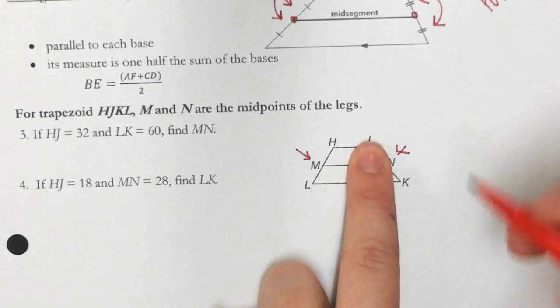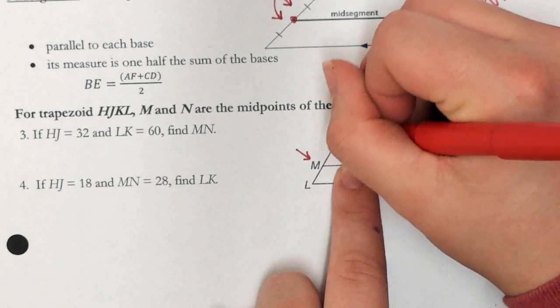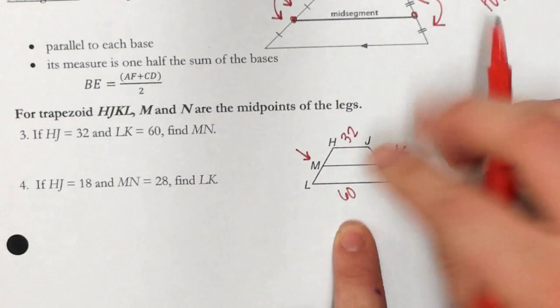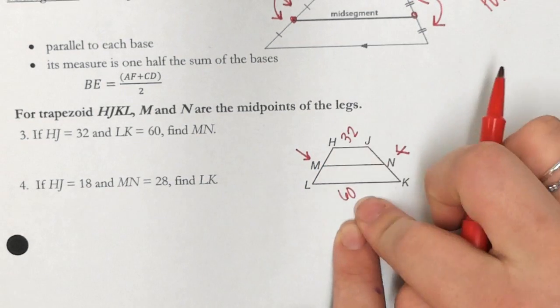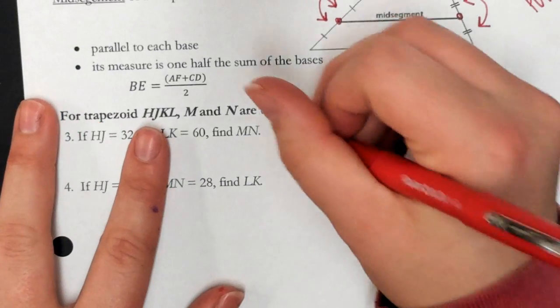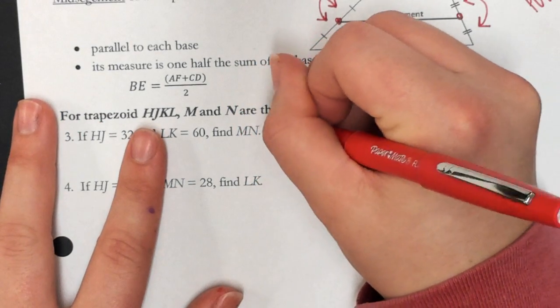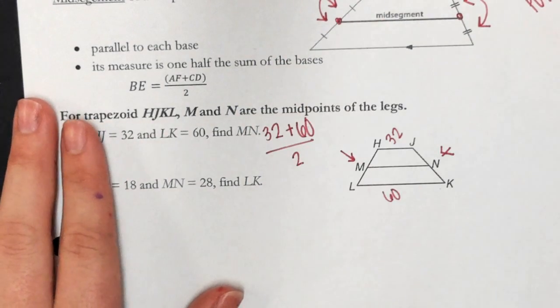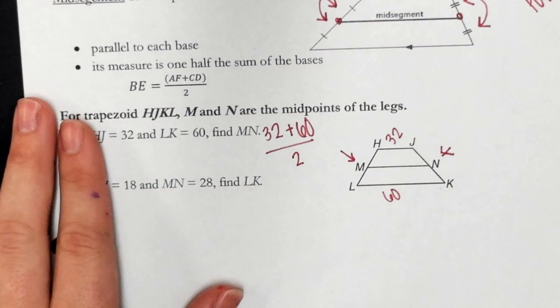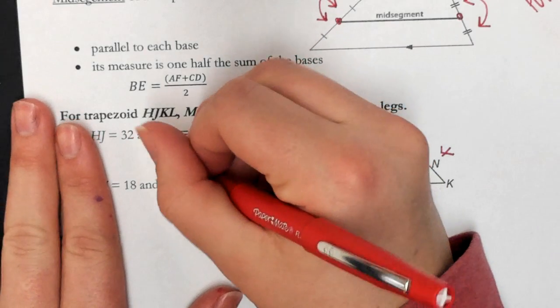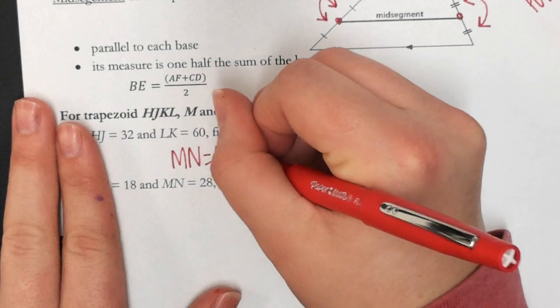So if HJ is equal to 32 and LK is equal to 60, I want to find the average between them. I want to find what MN is. So to do that, I'm going to add 32 plus 60 and divide by 2. So MN is equal to 46.